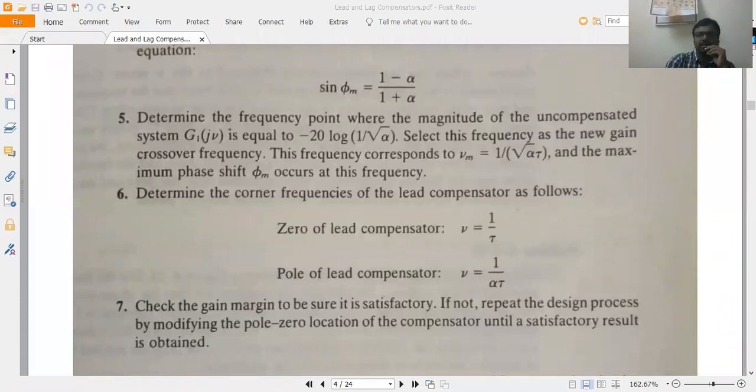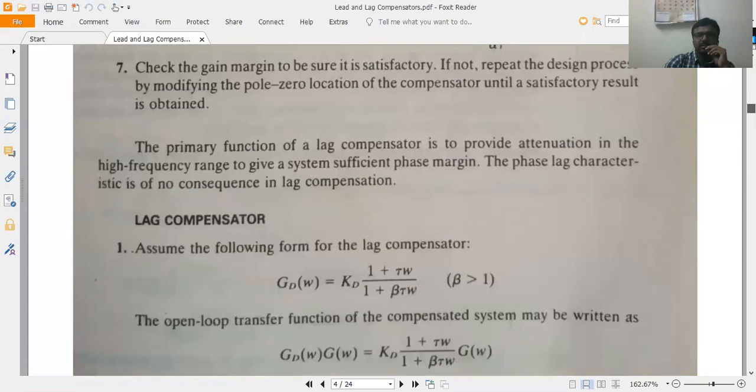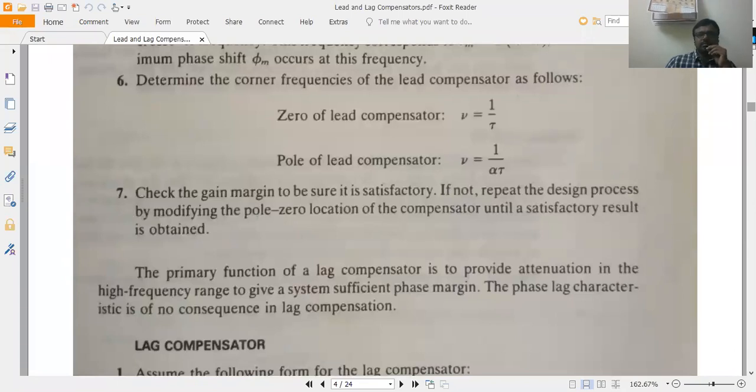And after that, we have to check whether the gain margin is satisfactory or not. If it is not satisfactory, we have to repeat this design procedure by adjusting the pole zero location of the compensator until a satisfactory result is obtained.